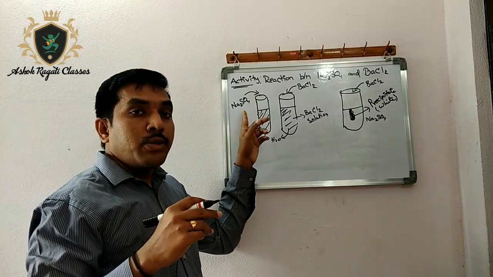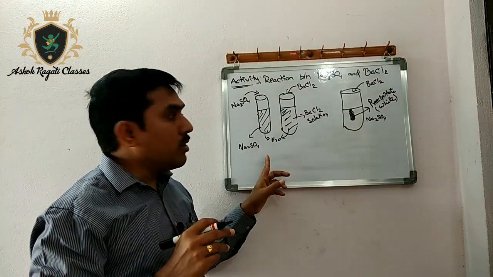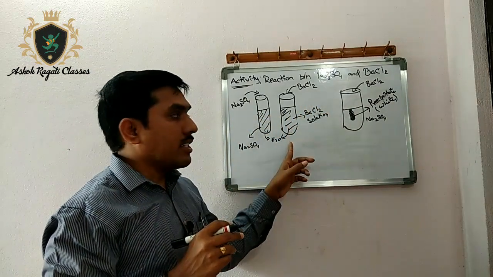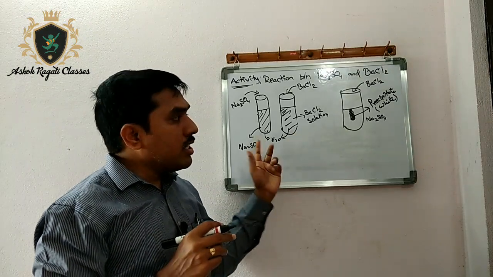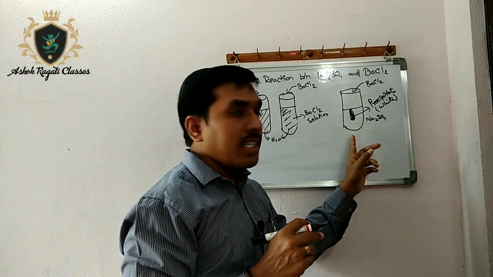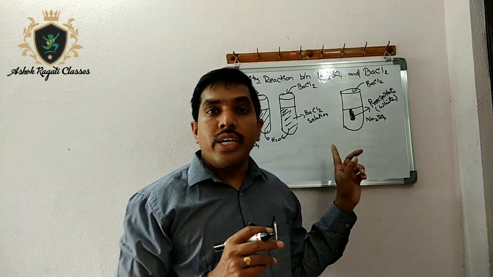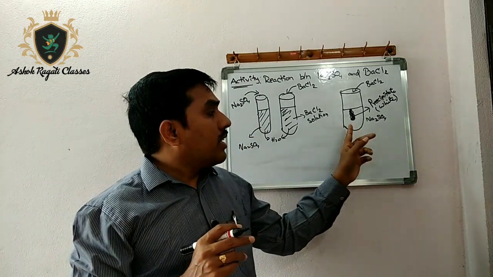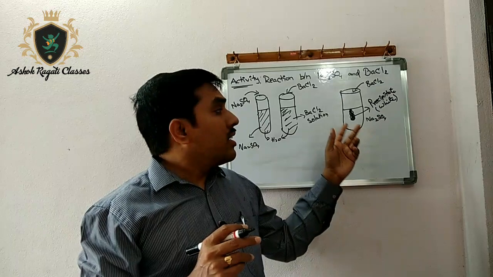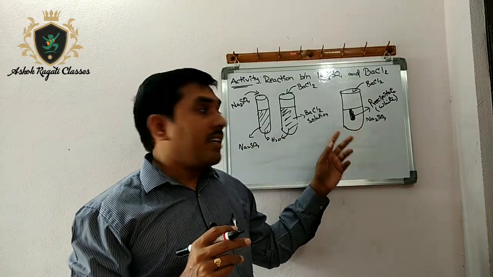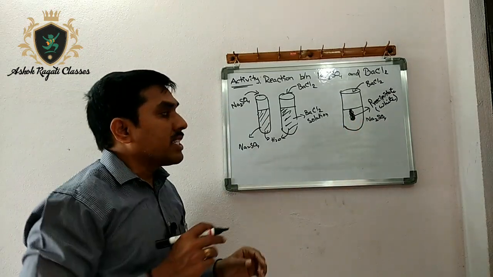See here, Na2SO4 solution is colorless and BaCl2 is a colorless solution. Whenever these two are mixed, they undergo a chemical reaction and form a precipitate, which is nothing but barium sulfate.